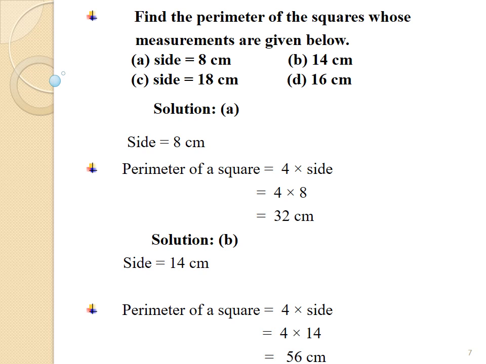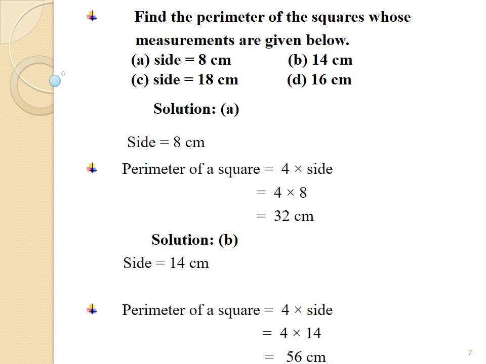So now, let us solve question number 2 and find the perimeter of the given square. Sum A. Side is given 8 centimeters. Thus, perimeter of a square equals to 4 into side equals to 4 into 8 equals to 32 centimeters. Thus, perimeter of a square is 32 centimeters.